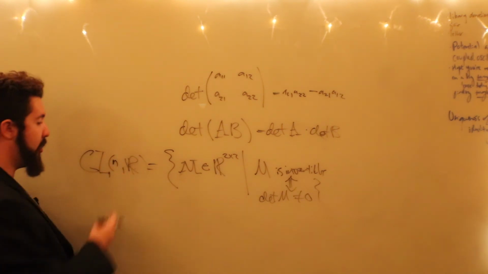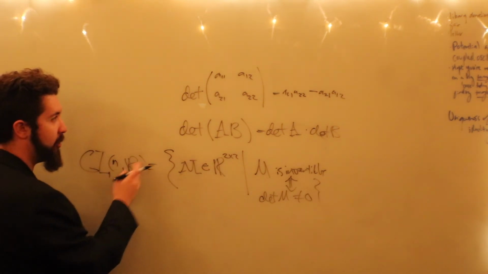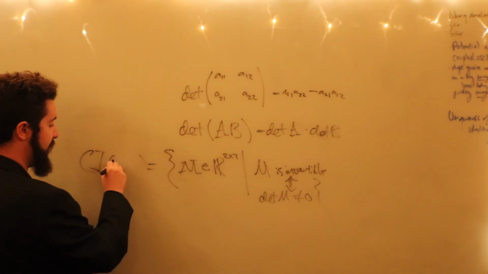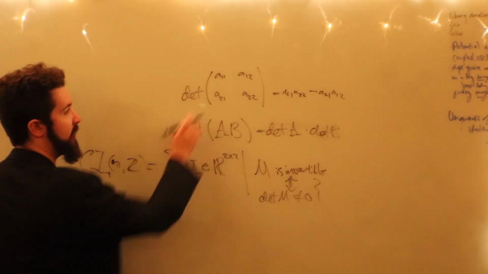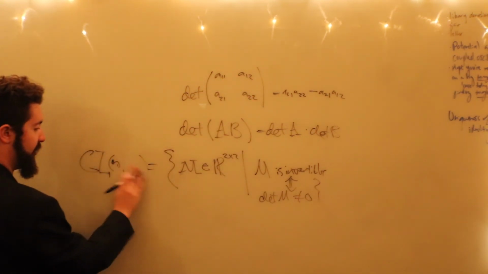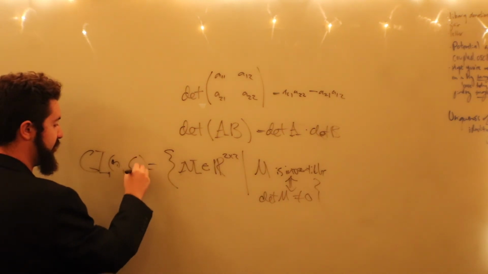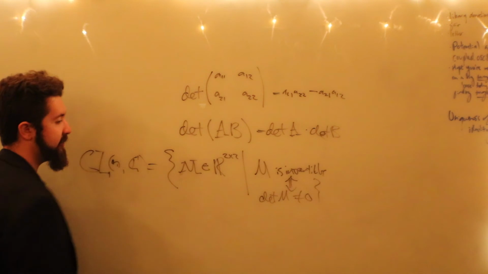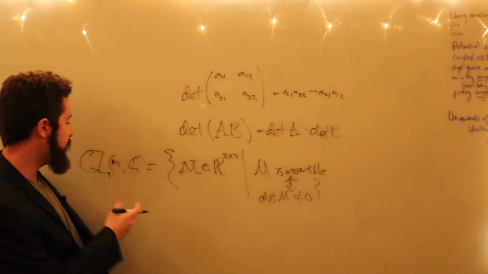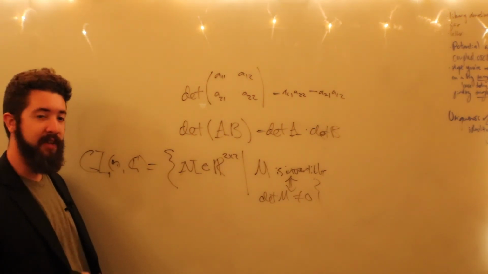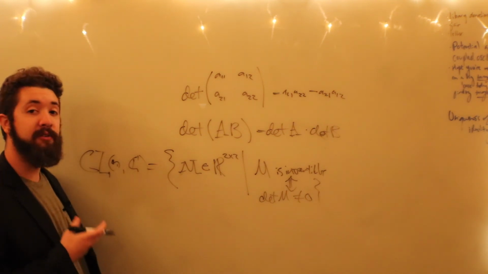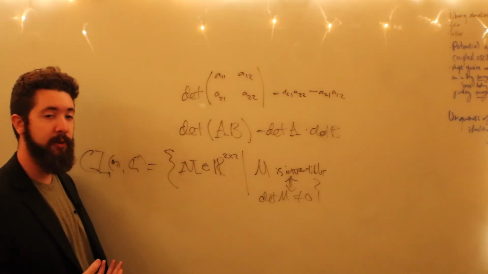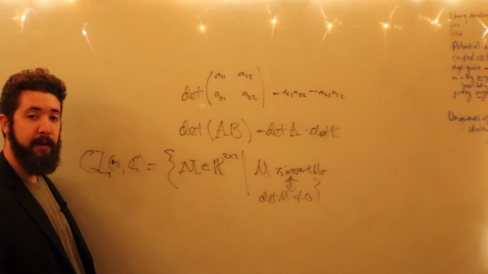So n is the dimension and R is whatever the coefficients are. GL of n Z would be integer entries, GL of n R would be real numbers, GL of n C would be if we had complex entries, etc. This is called the general linear group, and it has a lot of interesting other groups associated with it, which we're going to see at a later time.